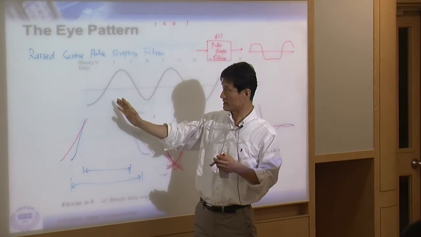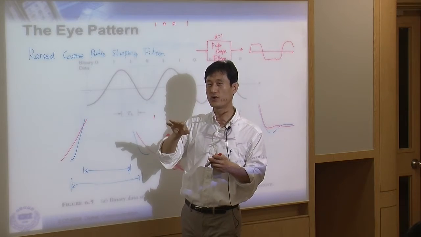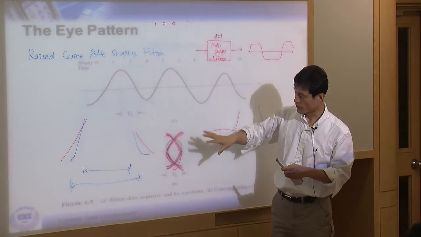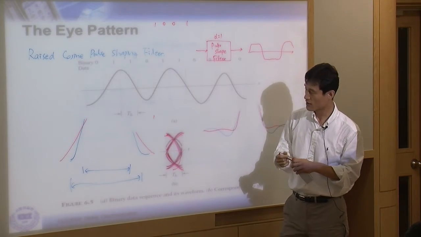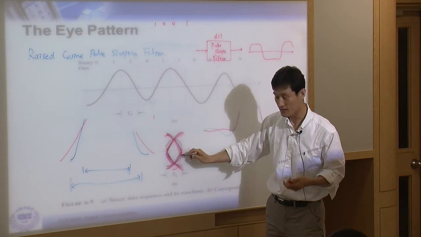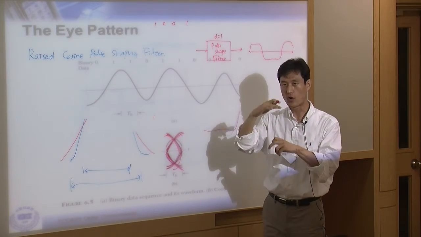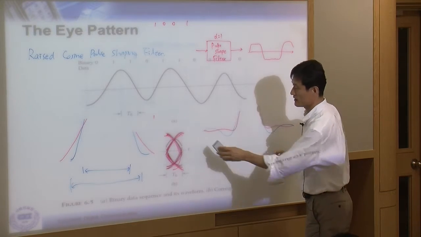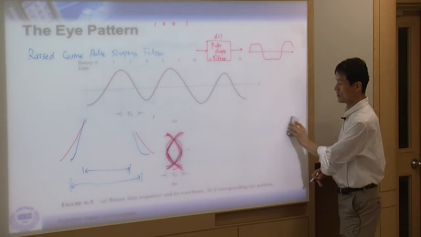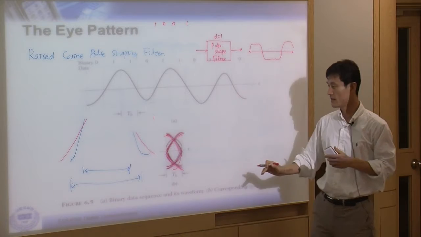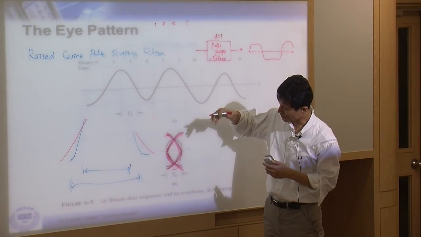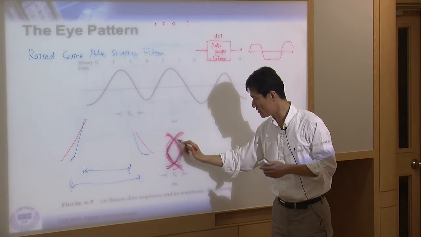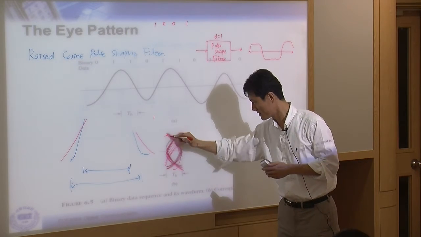The reason is, if the timing and noise and interference are pretty good, then when you draw the overlap again and again, this looks like a human eye, and this eye will be open. If the channel is very bad, or your timing has some problem, then since you draw it overlapping again and again, if the timing is a little bit off, your drawing comes like this.